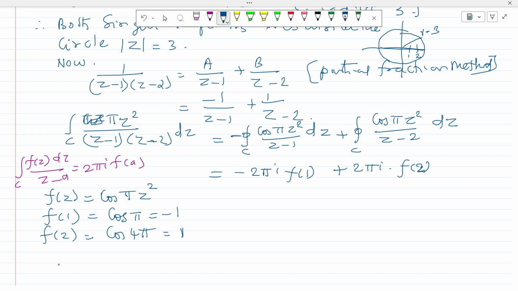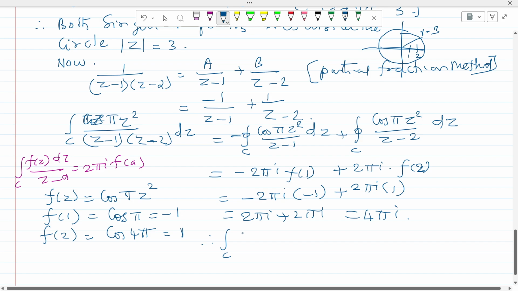Therefore, substituting, minus 2 pi i into minus 1 plus 2 pi i into plus 1. So 2 pi i plus 2 pi i equals 4 pi i. So this is the answer: the integral over C of cos(pi z square) divided by (z minus 1)(z minus 2) dz equals 4 pi i.